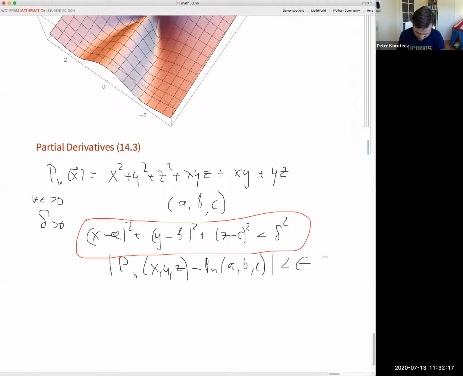So if you have, say, x plus y plus 2 divided by x minus y minus 1, that is a function f of x, y. It's continuous everywhere except the line x minus y equals 1. It's continuous on R2 without the line x minus y minus 1 equals 0.